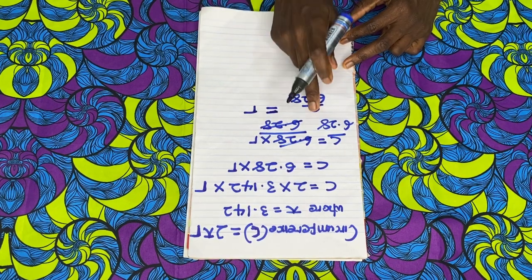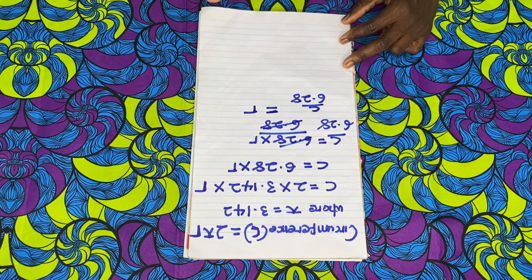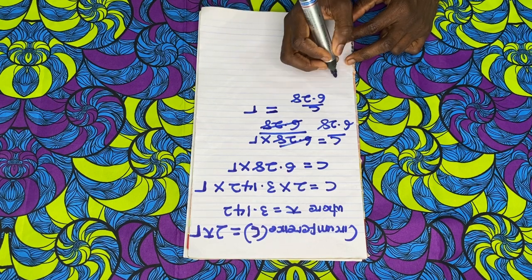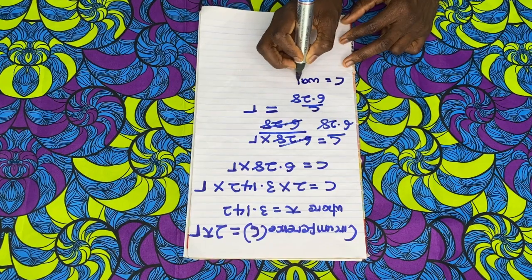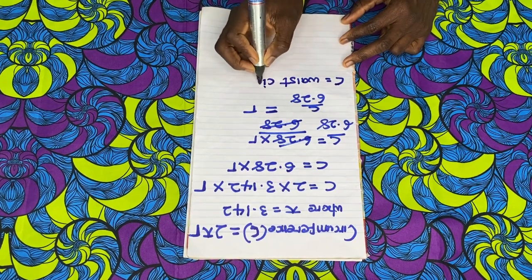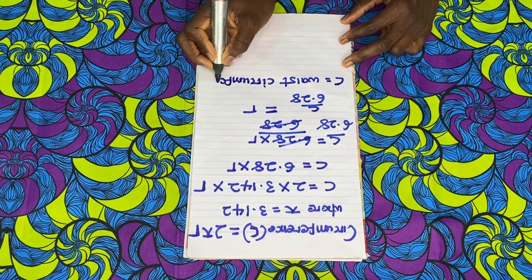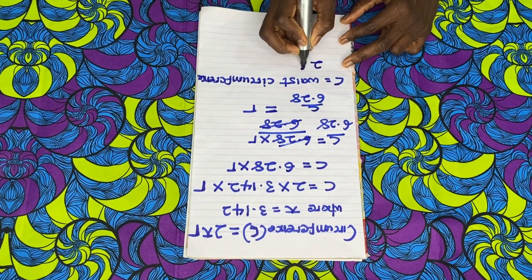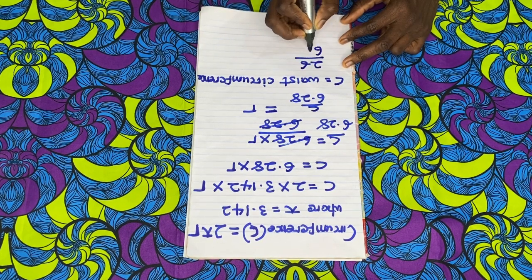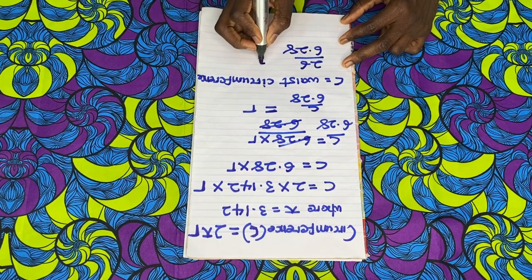Take note that C is actually our waist circumference. My waist circumference is 26 inches. If yours is 30, then work with your own waist circumference. So my waist circumference is 26 inches over 6.28 equals r.